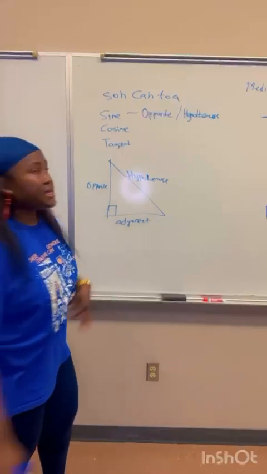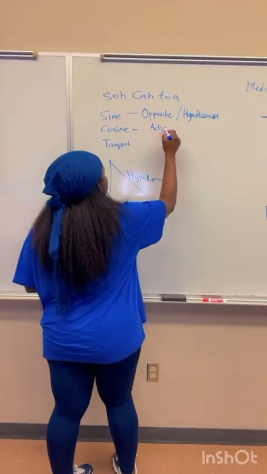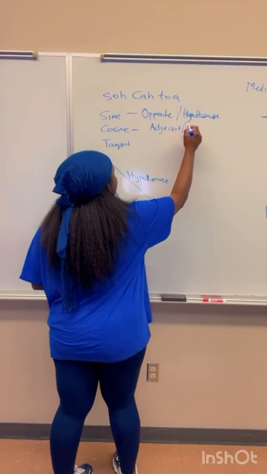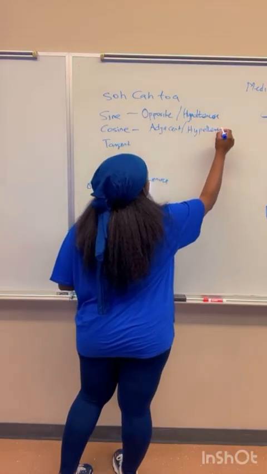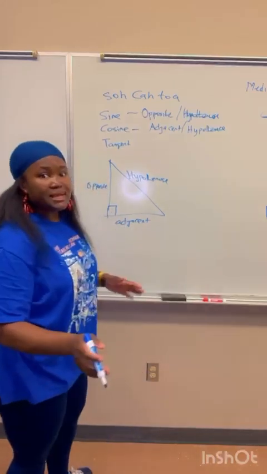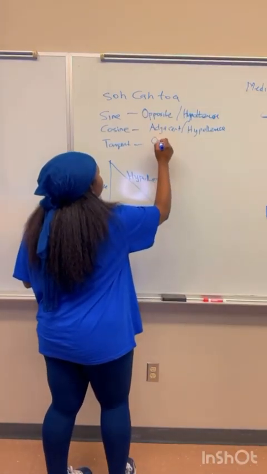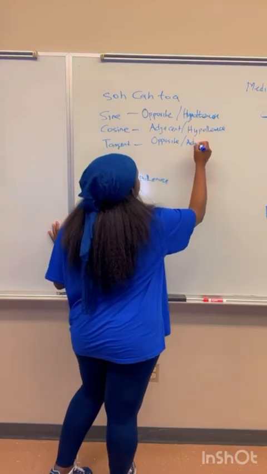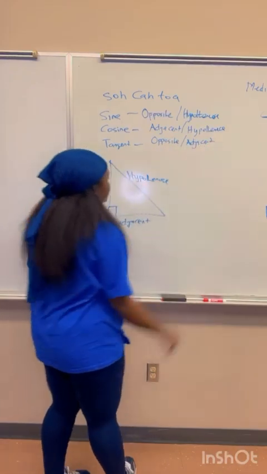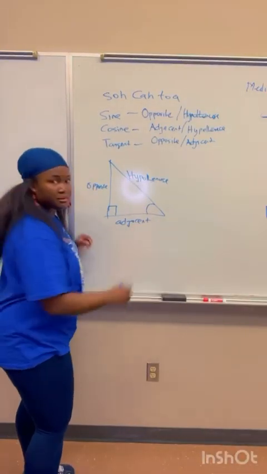And for cosine, it's adjacent divided by the same hypotenuse, okay? And then the tangent is the opposite divided by adjacent. So this one gives us the angle here.